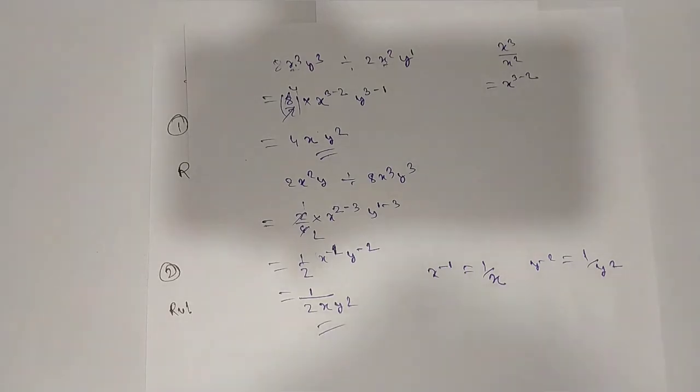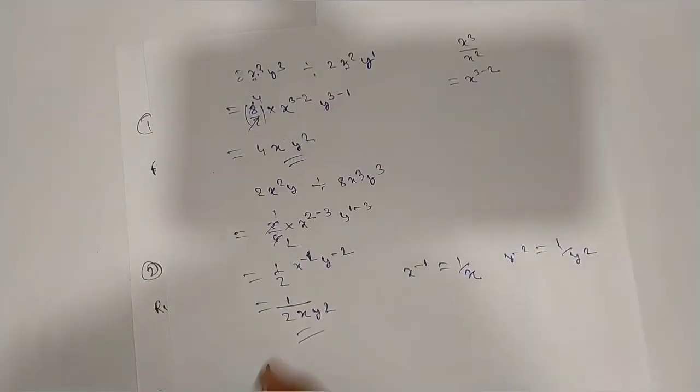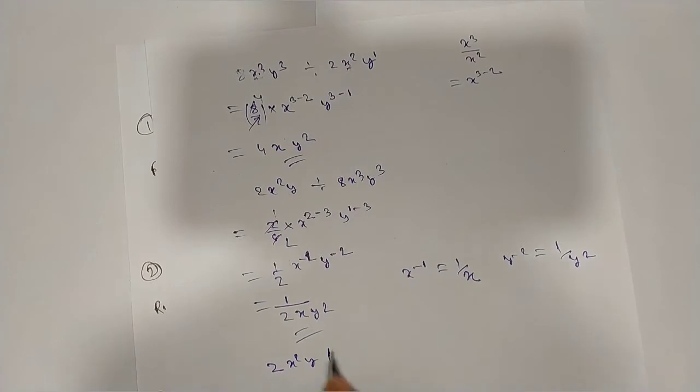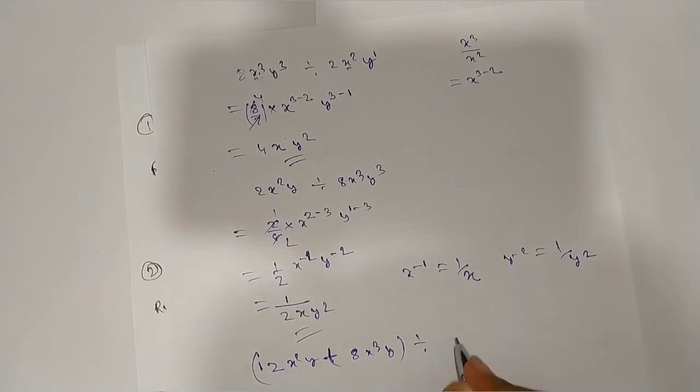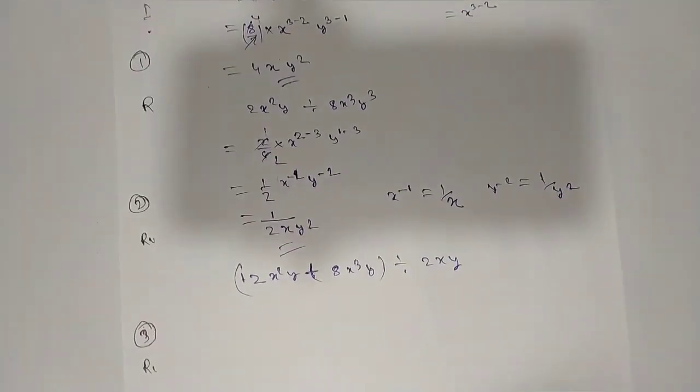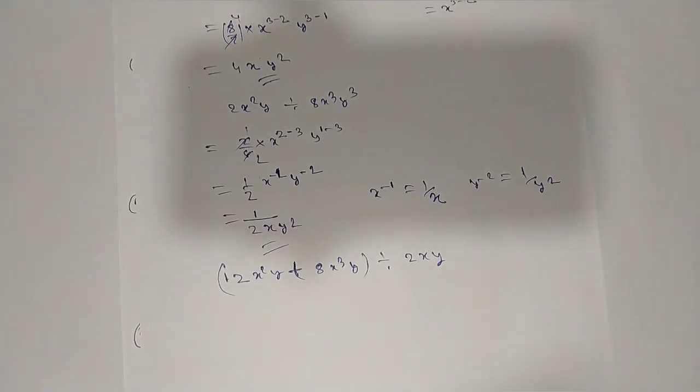Now the same, if I take monomials like 12x square y plus 8x cube y, and divide this whole thing by 2xy. How are we going to do it in this case?